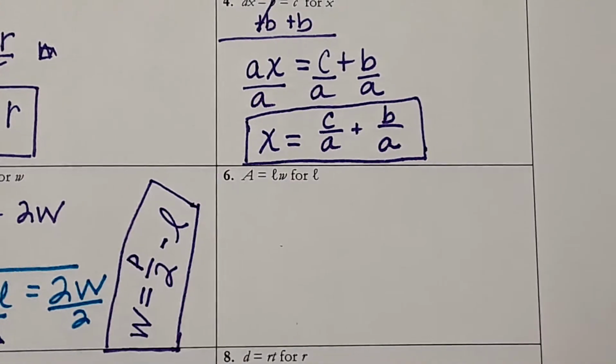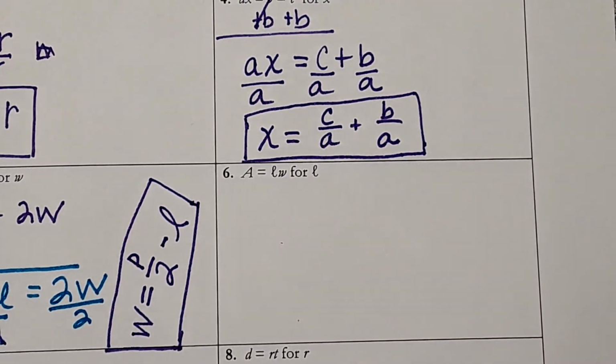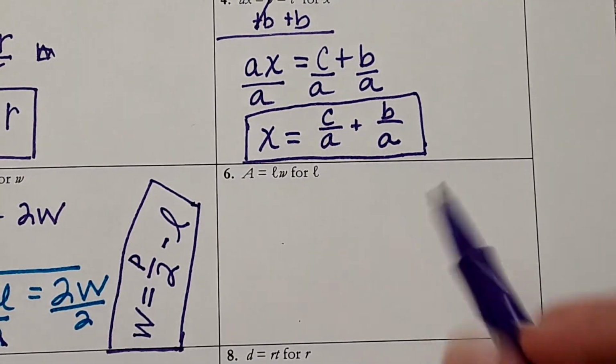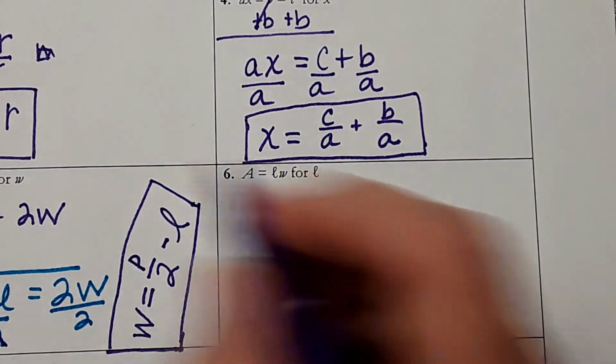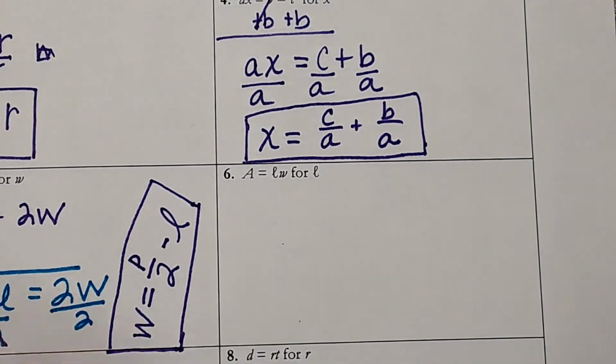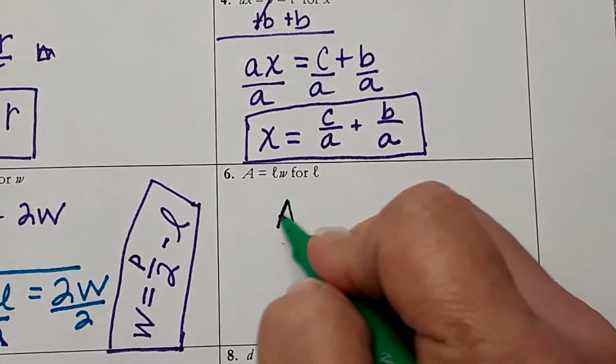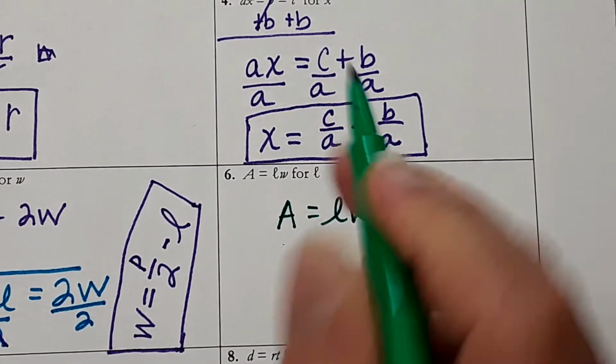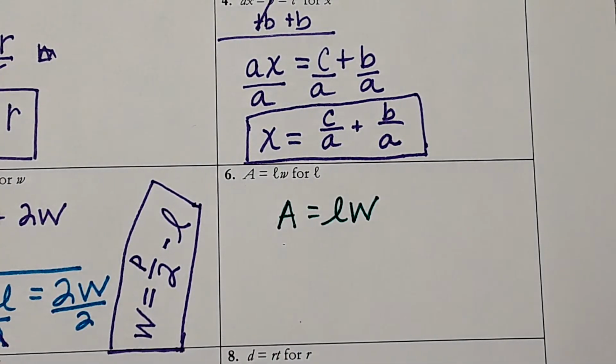Okay. Let's look at number 6. A equals LW, and we're dividing by L. Is there any addition or subtraction? No, there's not. So what do 2 letters next to each other mean? Letters next to each other mean multiplication.